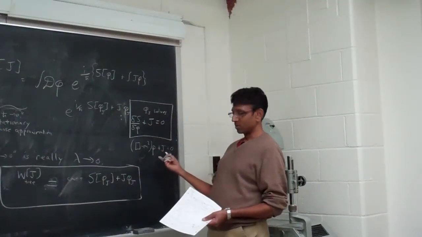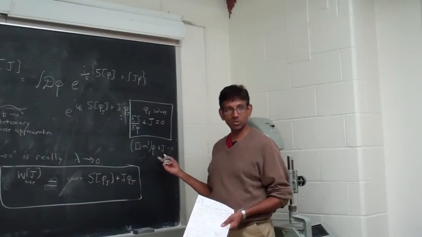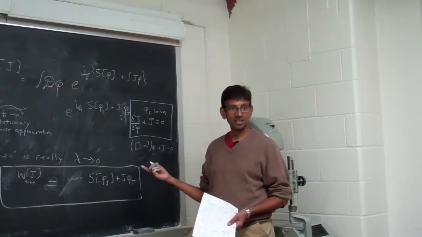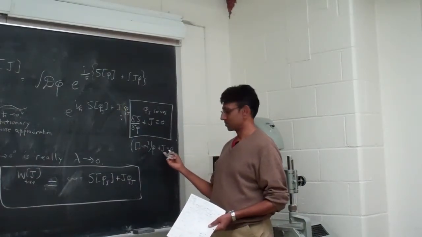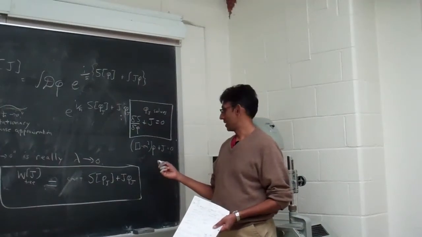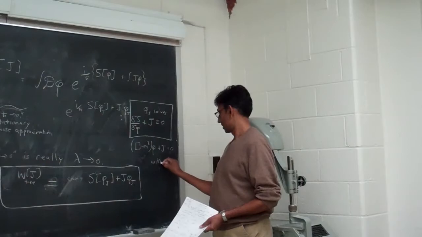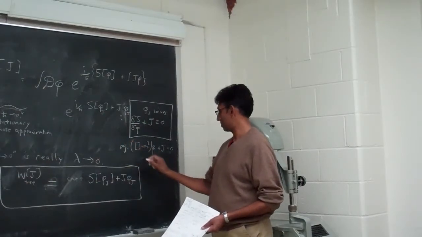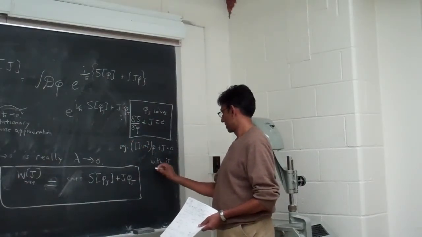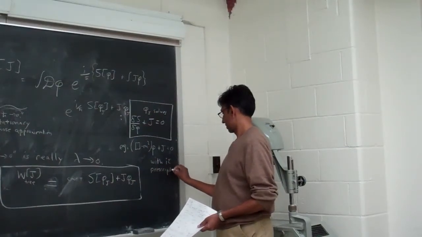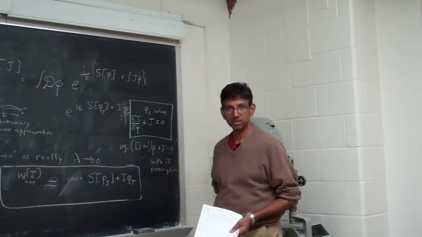But you recognize that equations like this require some sort of boundary condition to decide how to solve the wave equation. And so with this example, with the i epsilon prescription. Okay.